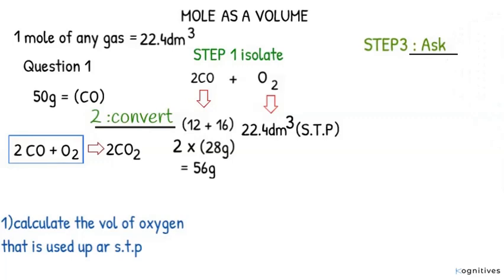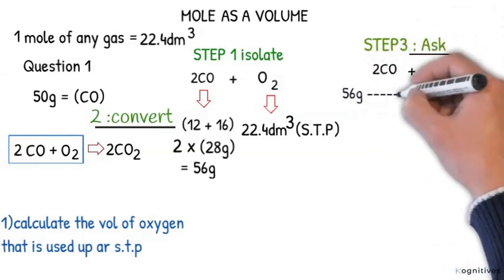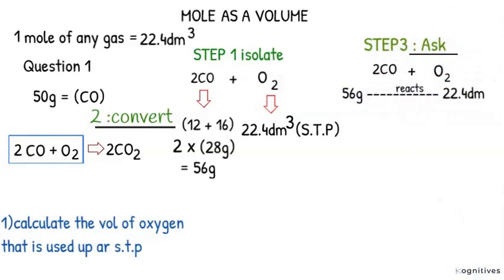So we would ask our question in this manner. If according to the balanced chemical equation, 56 grams of carbon monoxide is supposed to react with 22.4 dm3 of oxygen, what volume of oxygen will be needed to react with the 50 grams of carbon monoxide that was given in the question above? Thus, we have carbon monoxide plus oxygen, 56 grams to react with 22.4 dm3.